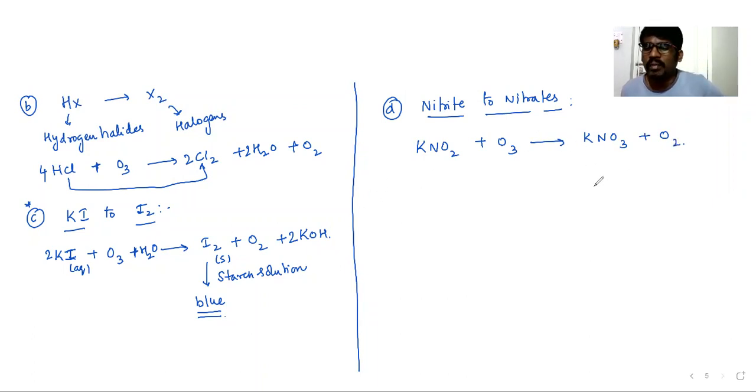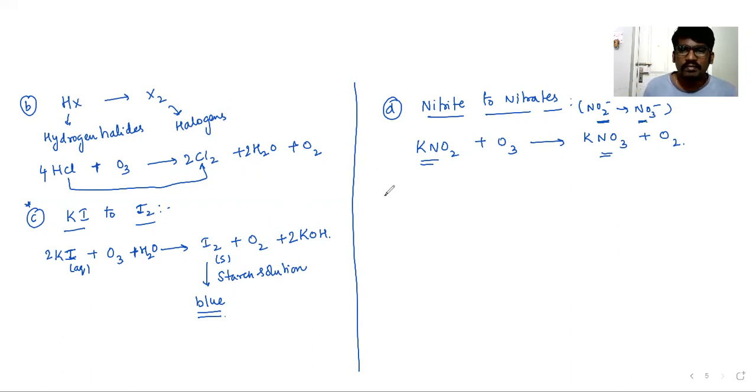Of course, we have to balance it, children. This is potassium nitrite changing to potassium nitrate. NO2 minus has been changed to NO3 minus. That also you can write. NO2 minus changes to NO3 minus.